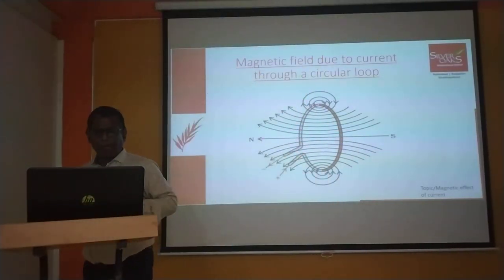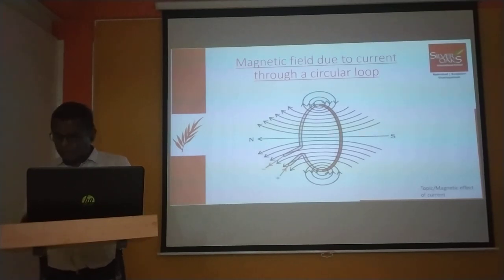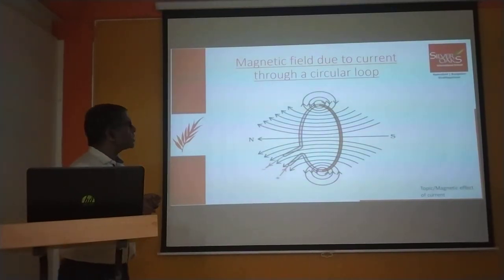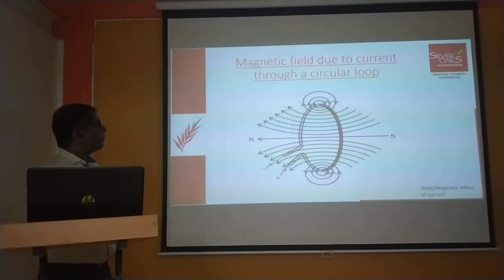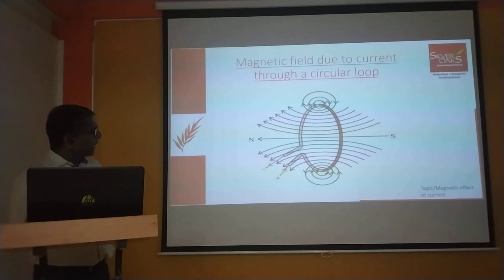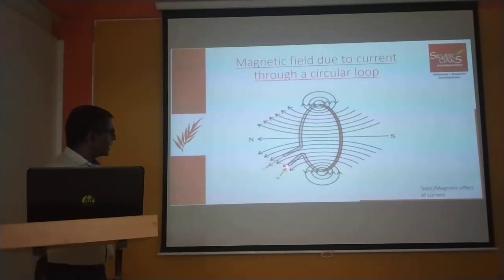Without doing the experiment, if you have understood the right hand thumb rule, it is possible for us to identify what will be the magnetic field lines due to a circular wire. If you look at it, we have seen that in this circular wire the current is passing through this. This is the path of the current.